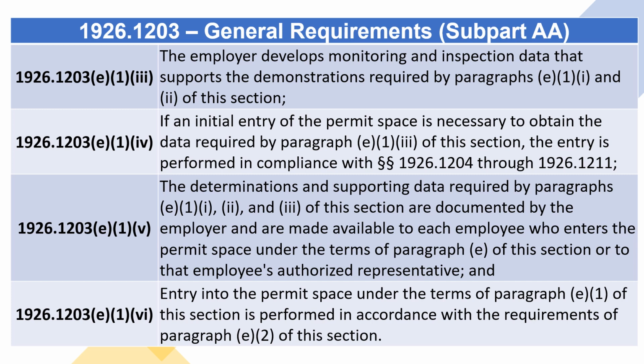The determinations and supporting data required by paragraphs (e)(1)(i), (ii), and (iii) of this section are documented by the employer and are made available to each employee who enters the permit space under the terms of paragraph (e) of this section or to that employee's authorized representative. An entry into the permit space under the terms of paragraph (e)(1) of this section is performed in accordance with the requirements of paragraph (e)(2) of this section.